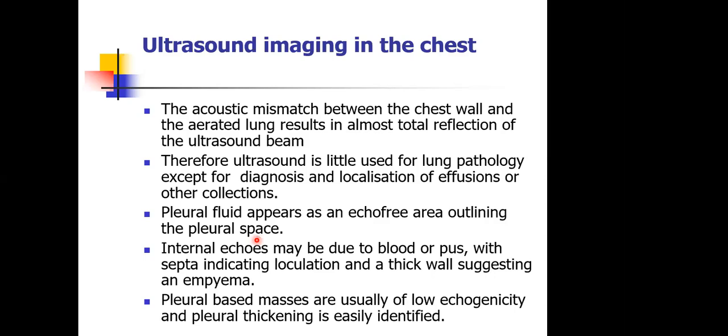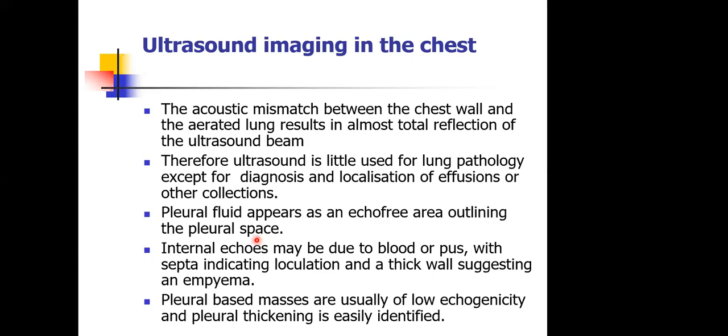Ultrasound scan is of little use for lung pathologies, except for diagnosis and localization of effusions or other collections within the pleural space, as well as chest wall pathologies. For the case of pleural fluid, it will appear as an echo-free area outlining the pleural space.